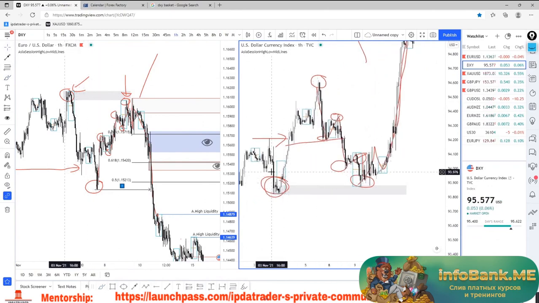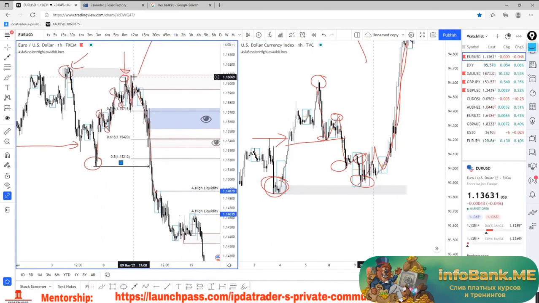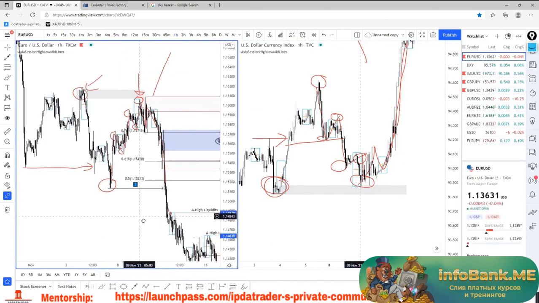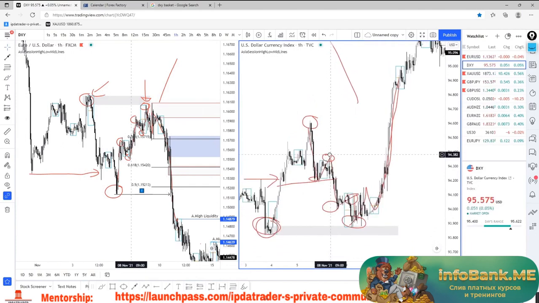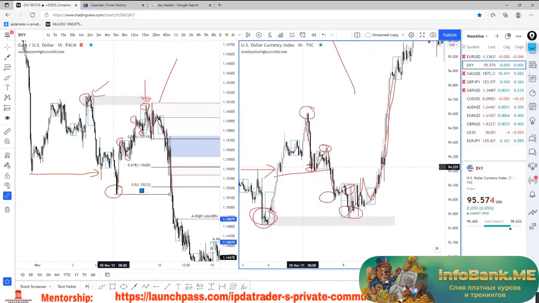You want to be confirming that the DXY is hitting some sort of demand zone and potentially moving higher. Then that would mean that the Euro USD will be moving down, and now you can have more confidence and more information in regards to what you can expect Euro USD to do, because you can simply wait for these two things to line up, and now you have more confluence.